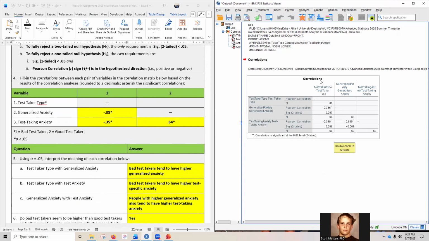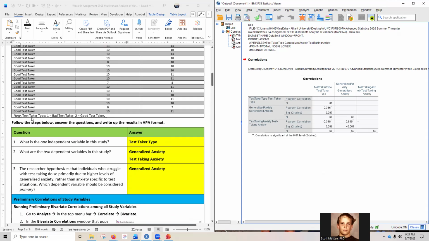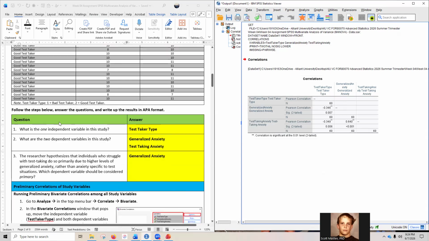What is down on test taker type? Going back, remember, test taker type is a 2-level variable. You can be a 1, you can be a 2. Those are your only choices. A lower value means that you're a 1, or a bad test taker. So as generalized anxiety goes up, test taker type goes down to bad test taker, which is a roundabout way of saying bad test takers tend to have higher generalized anxiety.